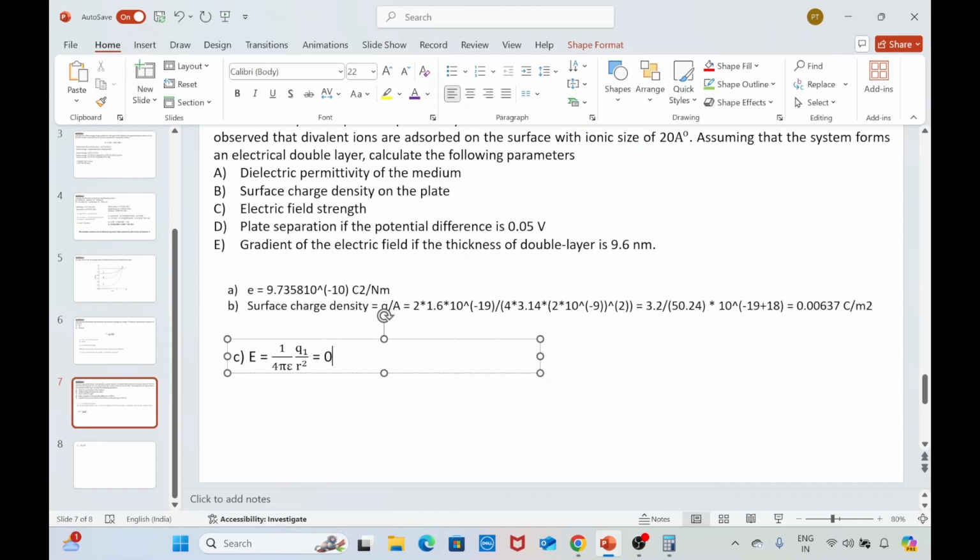The dielectric permittivity of your medium is nothing but dielectric constant times the dielectric permittivity of air, but we have already calculated that, so we can just use it here.